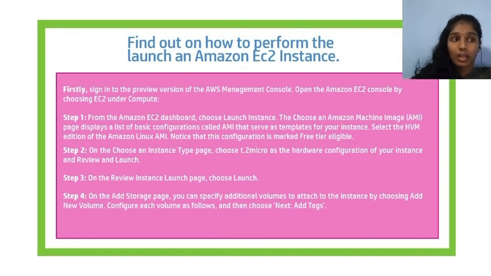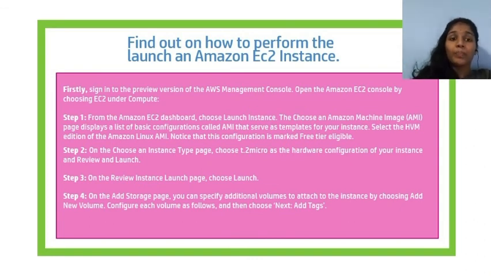The Choose an Amazon Machine Image page displays a list of basic configurations called AMIs that serve as templates for your instance. Select the HVM edition of the Amazon Linux AMI. Notice that this configuration is marked free tier eligible. Step 2: on the Choose an Instance Type page, choose t2.micro as the hardware configuration of your instance and choose Review and Launch.